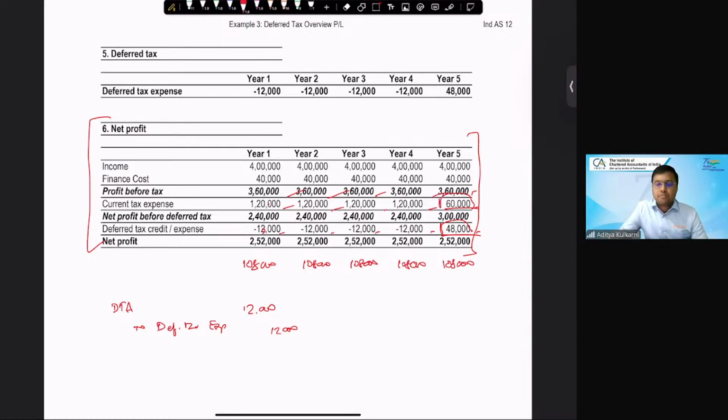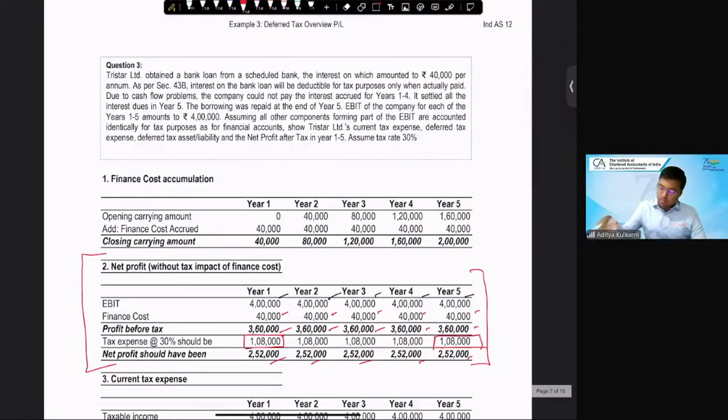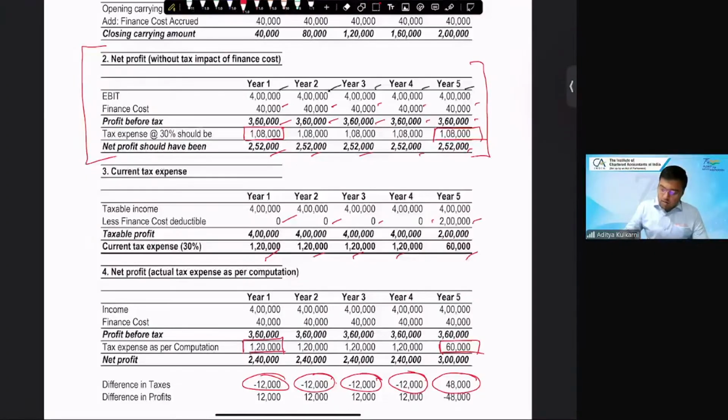In this calculation in the first step, why do we take zero here for finance cost accumulation? This is for current tax. Yes, sir.